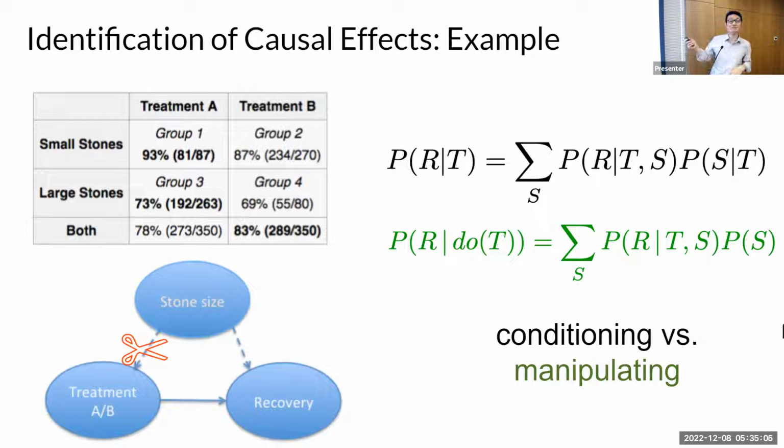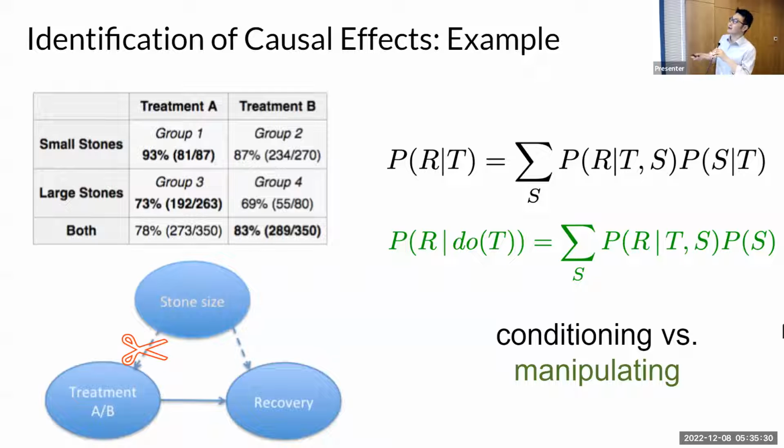Now you can see why I call it a paradox. If you know the patient is from this group, then you would recommend A. And if you know the patient is from the other group, you would recommend A again, right? So A or A is B, because the stone is either small or large. Why do we have this issue?